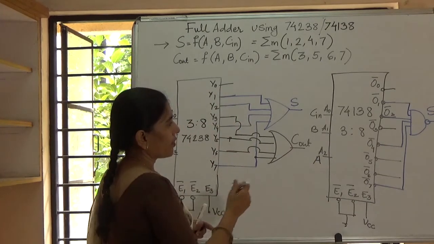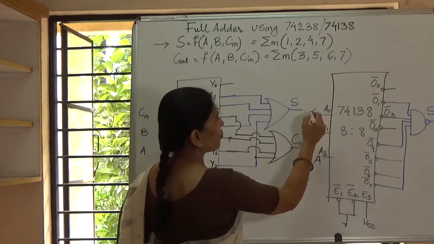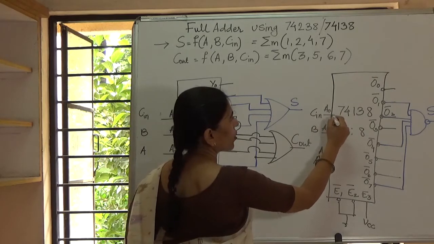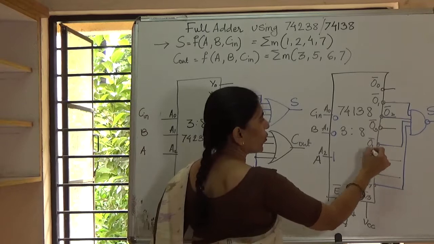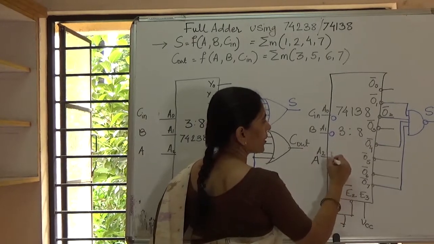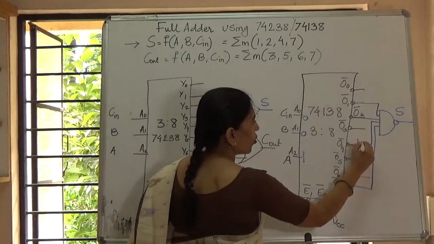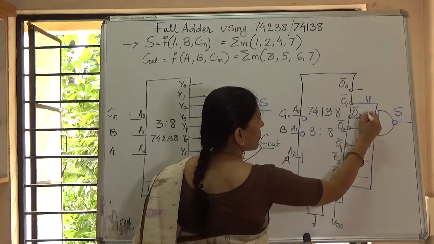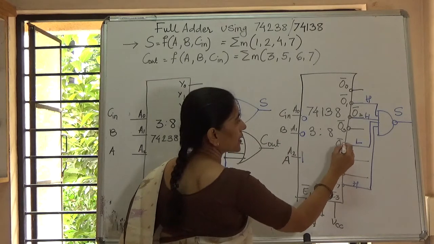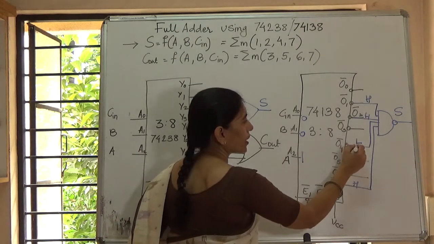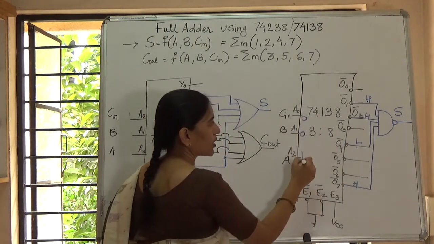So let's say if the combination over here is a 4, that is 1, 0, 0, in that case the O4 output will become a low, but the rest of them will become high, right? Because the O4 line is being selected and it is active low, it will become low whenever this combination comes.